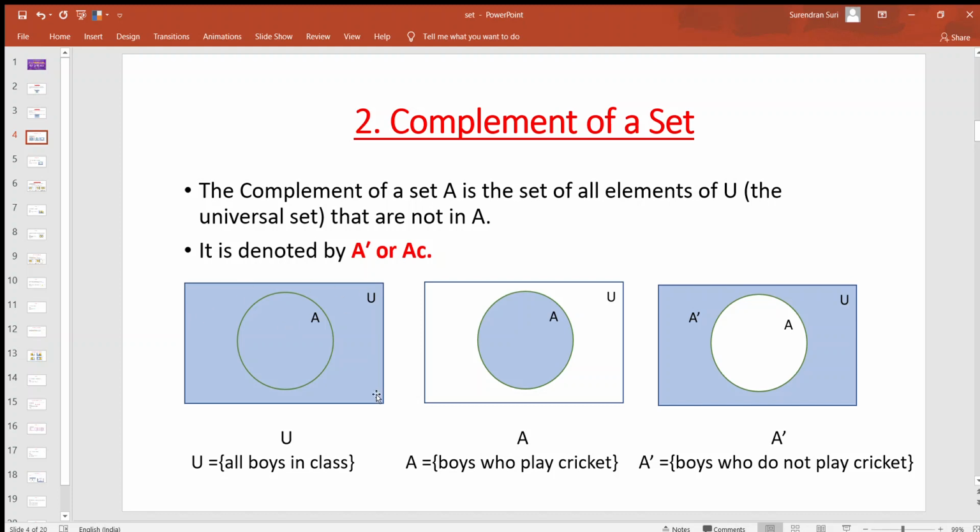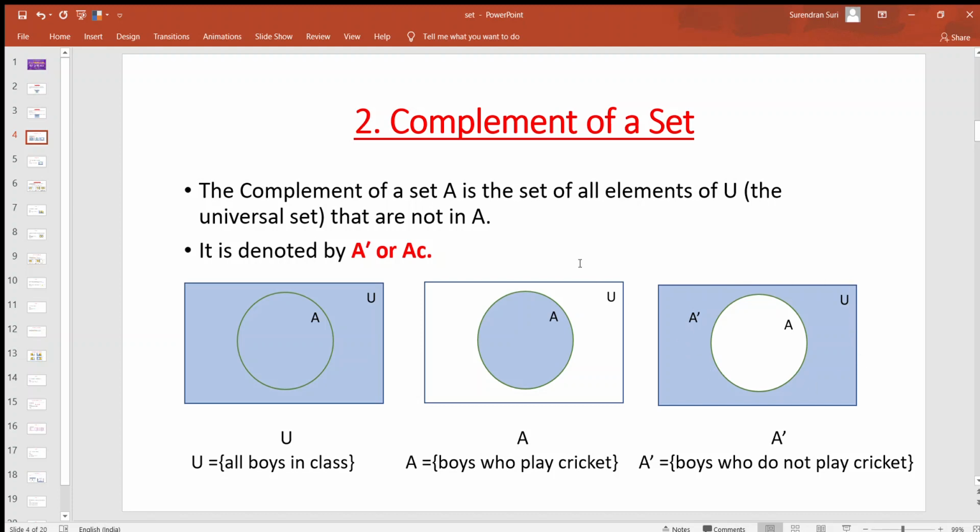We know that this is the universal set. The diagram on the left hand side is the universal set, and in the middle only the circle is shaded, that is only set A is shaded. Now the diagram on the right hand side shows what A complement is.